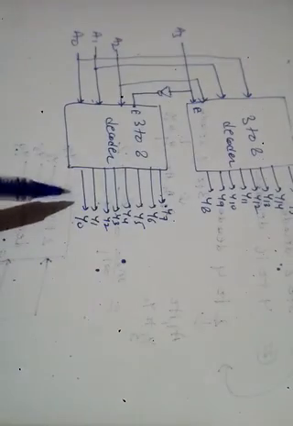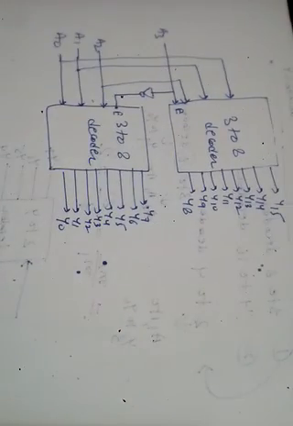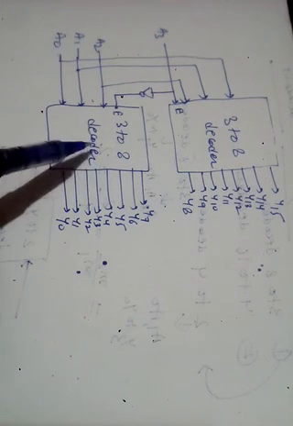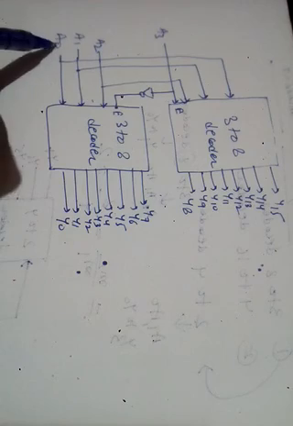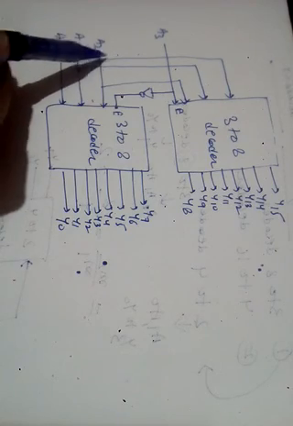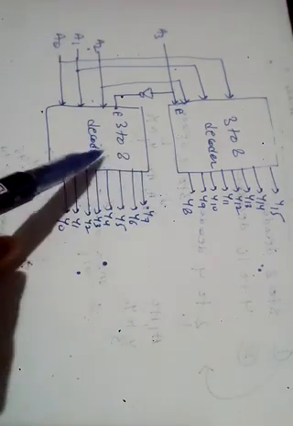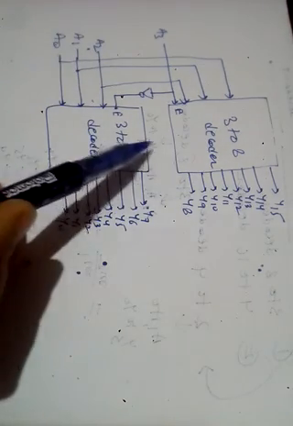So this is the diagram for implementation of a 4 to 16 decoder using 3 to 8 decoders. Here we have 3 inputs A0, A1, A2, and these are applied to both 3 to 8 decoders.